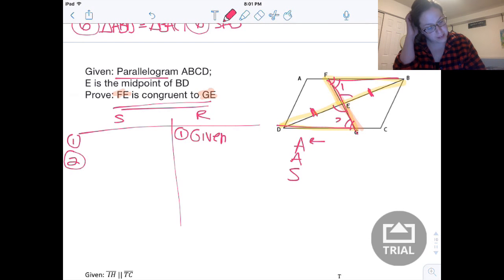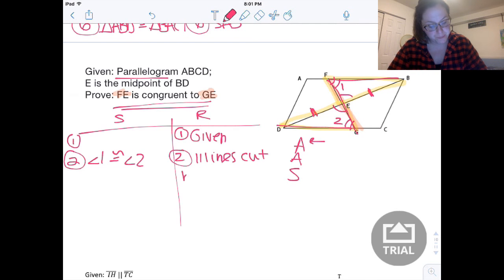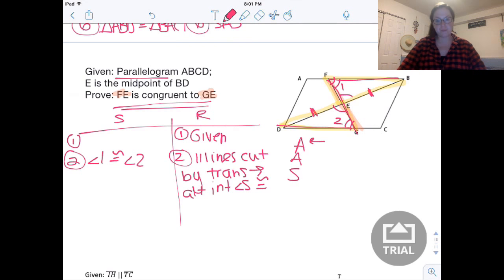Angle 1 is congruent to angle 2 because, remember, you want your full reason, parallel lines cut by a transversal implies alternate interior angles are congruent. So that's 1.